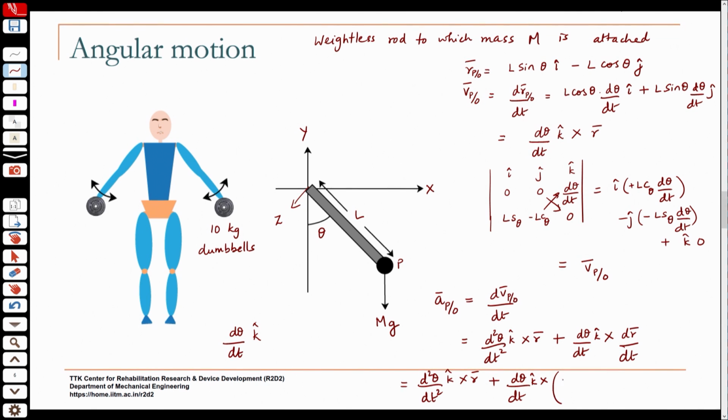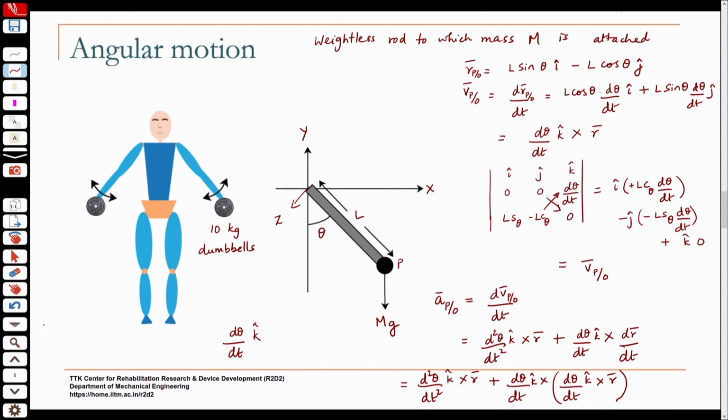It is again d theta by dt k cross r. This is your familiar alpha and omega.